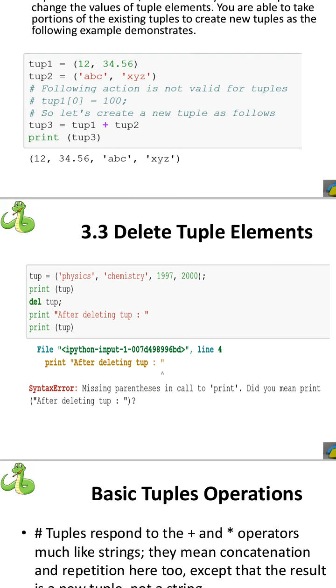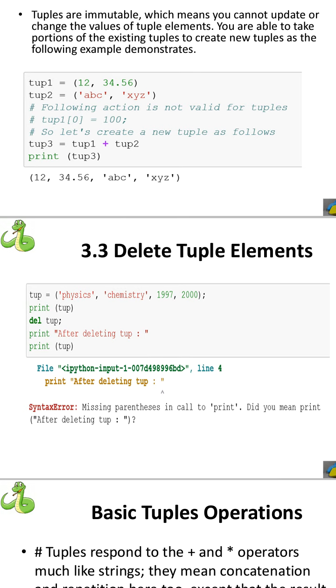What I mean to say is, when we print tuple 3, first it will print all the tuple 1 elements, that is 12, 34.56, and tuple 2 elements will be appended at the end of the tuple 1 elements, that is after 34.56, comma ABC as well as XYZ. These concatenated elements will be stored in tuple 3.